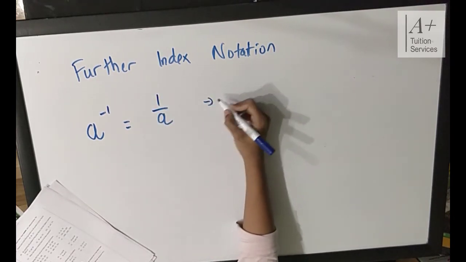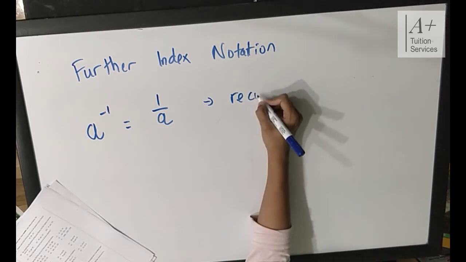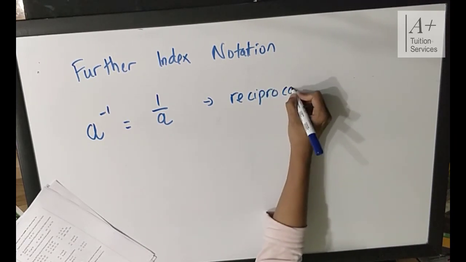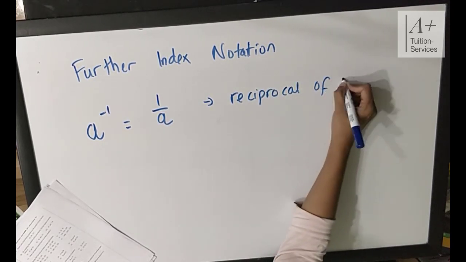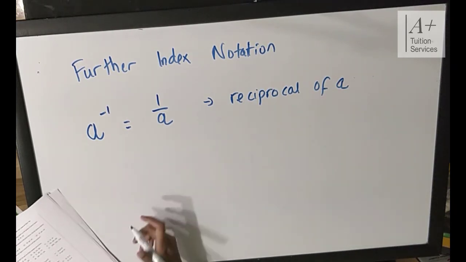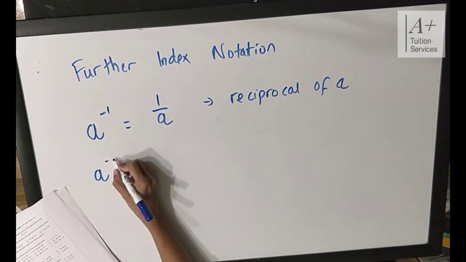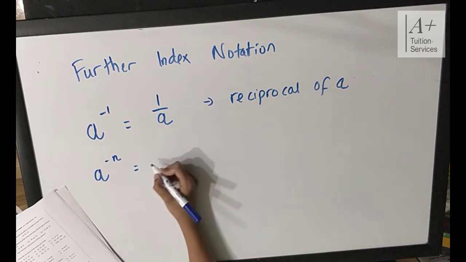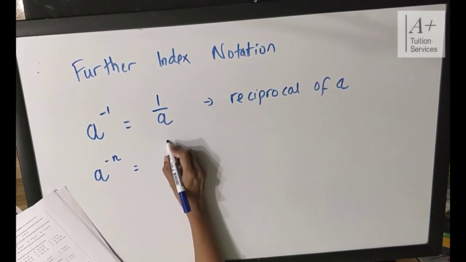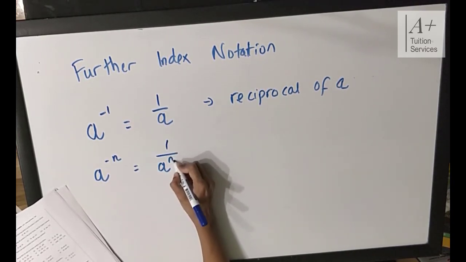This means the reciprocal of a. Okay, and then we have a to the negative n, which means 1 over a to the n.